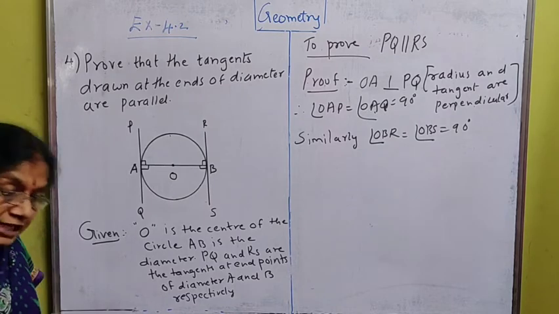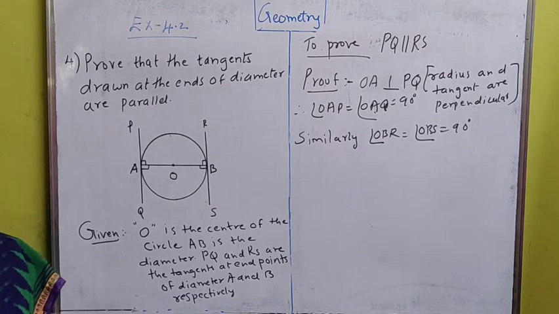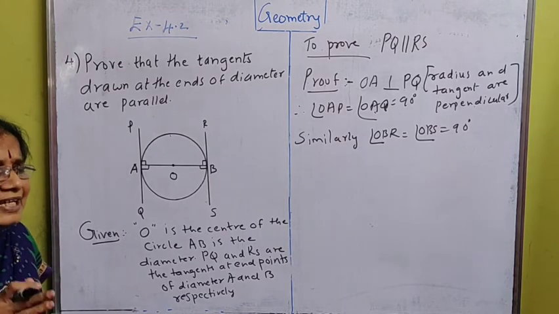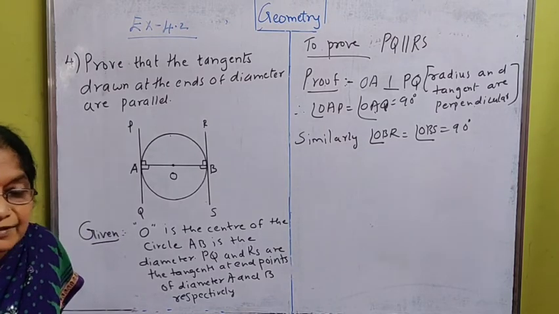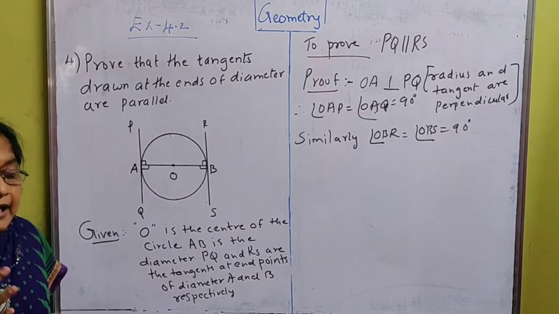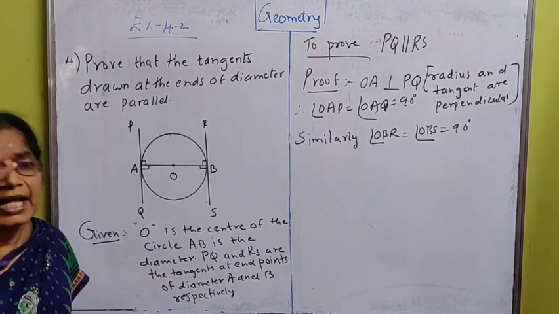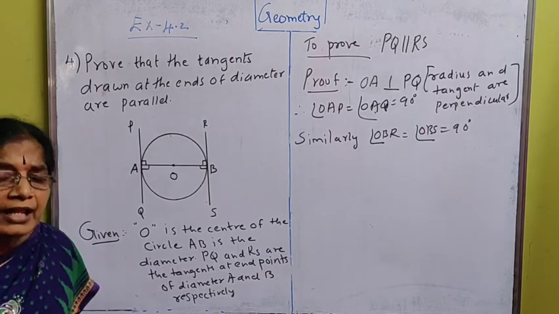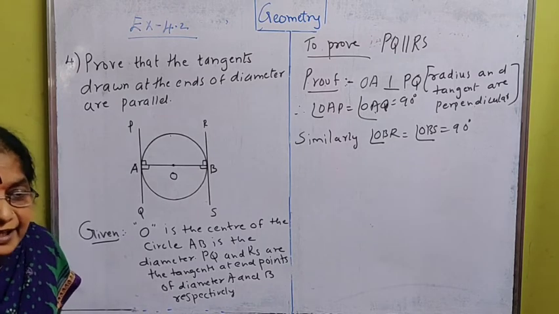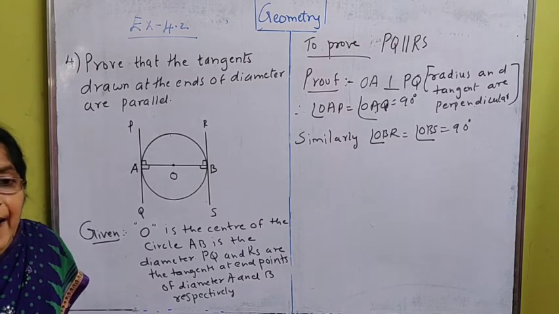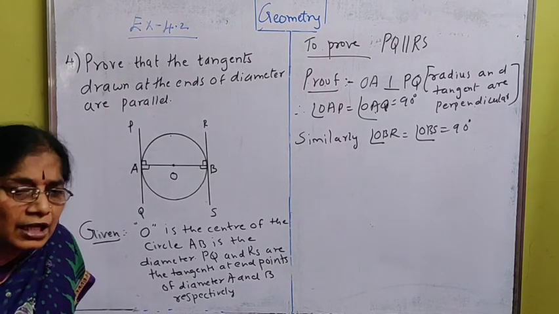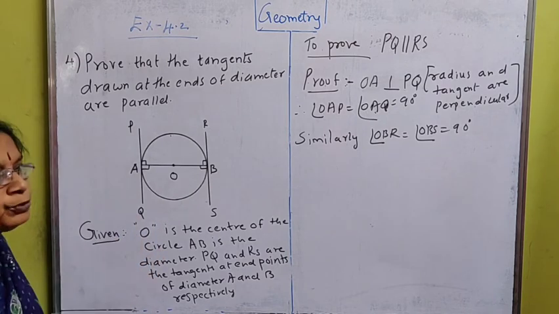The converse of this parallel line theorem is there. What is the converse? It says if two lines are intersected by a transversal, and the corresponding angles are equal or the alternate angles are equal, then the two lines are parallel. That converse of the parallel line theorem we are going to use over here.